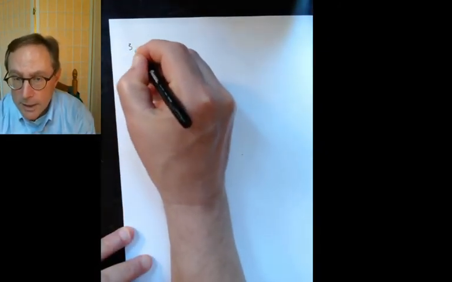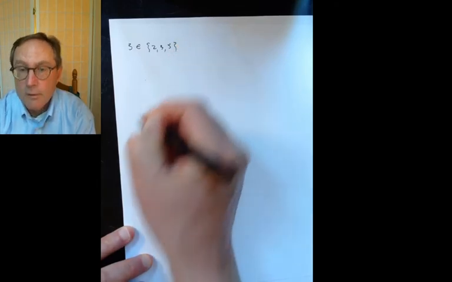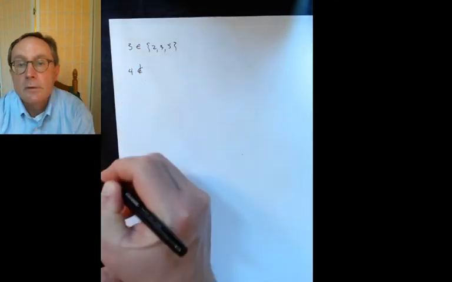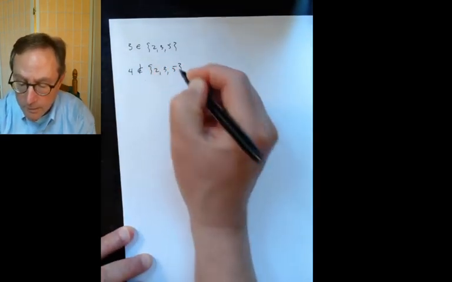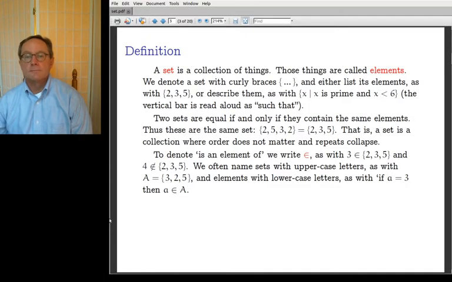So 3 is an element of {2, 3, 5}. And 4 is not an element of {2, 3, 5}. Went the wrong way. There we go.